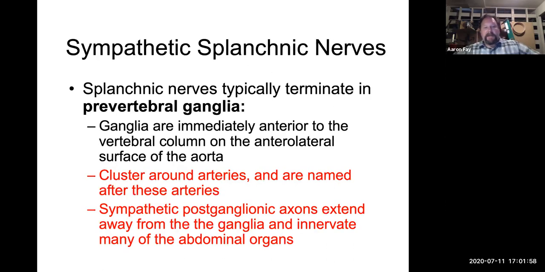So splanchnic nerves typically terminate in prevertebral ganglia, so ganglia in front of the vertebrae. Ganglia immediately anterior to the vertebral column and to the anterior lateral surface of the aorta, so around the aorta. We'll take a look at that in a second. They tend to cluster around arteries and are named after these arteries. So these splanchnic nerves are going to follow the arteries. Sympathetic postganglionic axons extend away from the ganglia and innervate many of the abdominal organs.